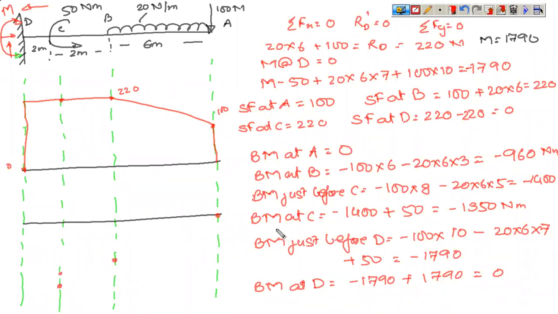And then BM just before D is 1790, so this is 1790, and again here it is 0. So BM between A to B, obviously it will be a parabola. So it is a parabola.